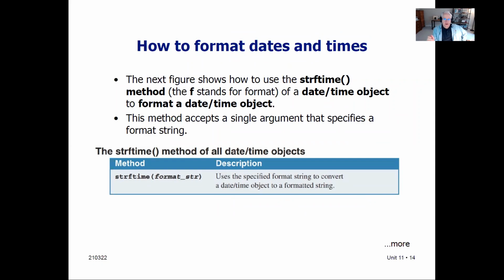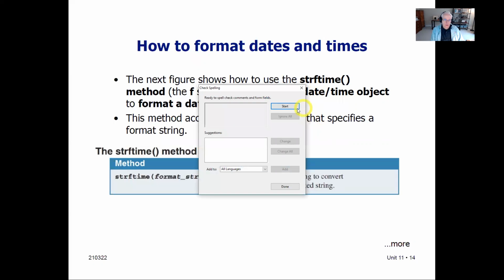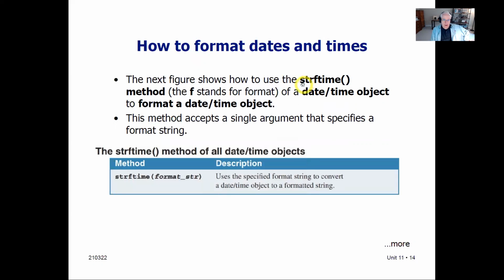So what about in the other direction? This happens. There are many times that we will want to take an object, in this case, a datetime object, and convert it into a string. So we have a method for that also. And that is the strftime method, which is string format time.